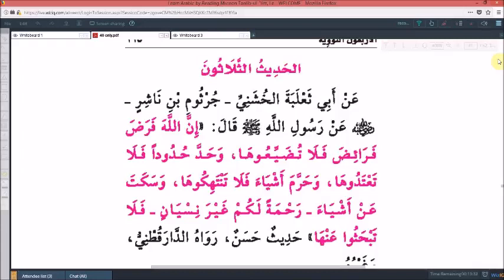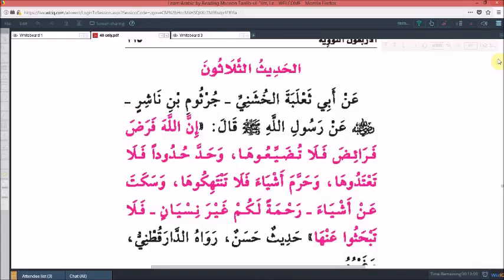Hadithun hasan. It's a good hadith. Rawahu ad-Daraqutni. Ad-Daraqutni narrated it, wa ghayruhu, and other than him. Inna Allah farada fara'ida. Verily Allah obligated obligations. فَلَا تُضَيِّعُوهَا. So do not waste them. وَحَدَّ حُدُودًا. And He set limits. فَلَا تَعْتَدُوهَا. So don't transgress them. وَحَرَّمَ أَشْيَاءَ.